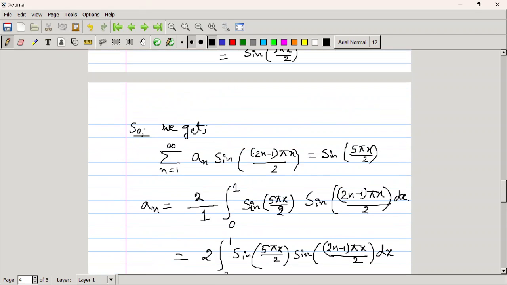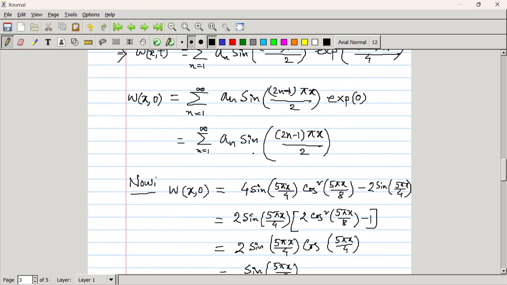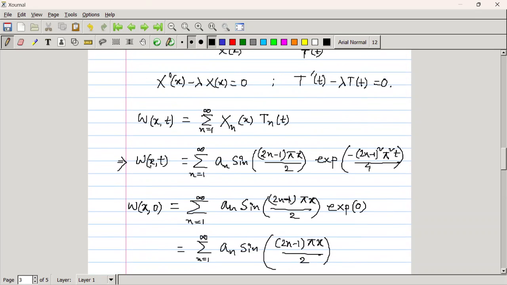So what is my w in that case? w of x comma t is a sum over an times this term. All other n not equal to 3 give 0, except n equal to 3, which has the value 1. So w of x comma t will give a value only for n equal to 3. My answer is w equal to a3 sine, putting n equal to 3 everywhere, and all others are 0.